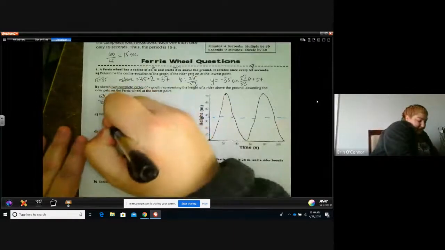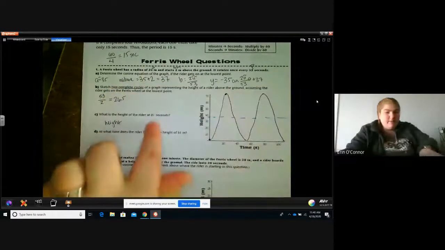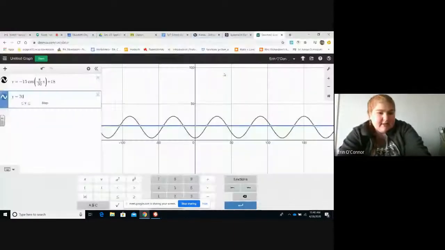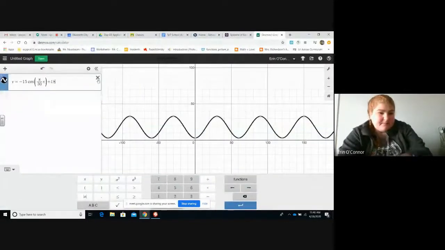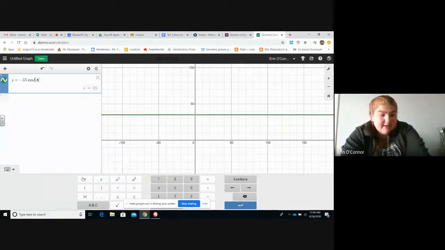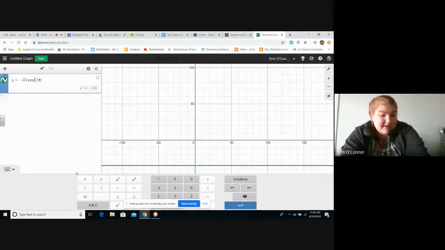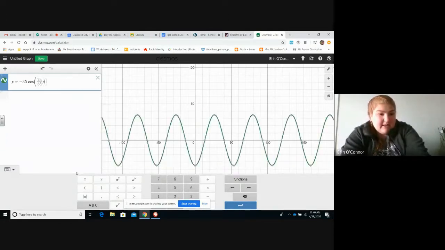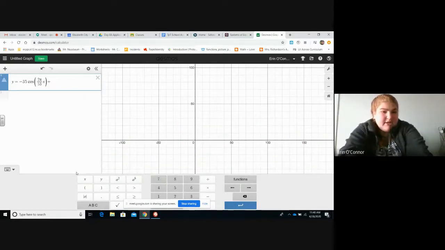So the height at 81 seconds, remember seconds is your x. Let's put this new equation in. So I have y equals negative 35 cosine parentheses 2 pi divided by 53 x parentheses plus 37.